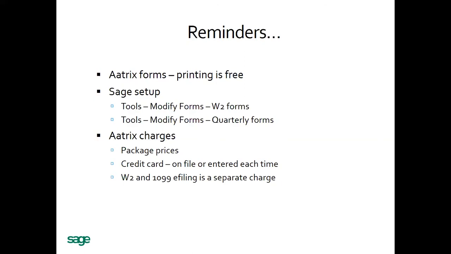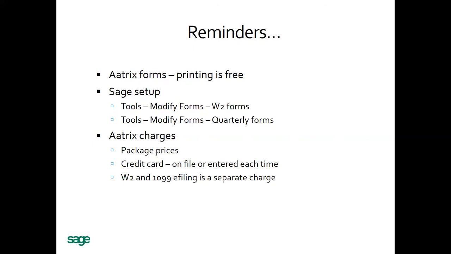This allows you to run as many state and federal forms as you need, and even e-file your normal payroll forms. It doesn't apply to the W-2s or the 1099s. Those two have a separate charge outside of the package deal.